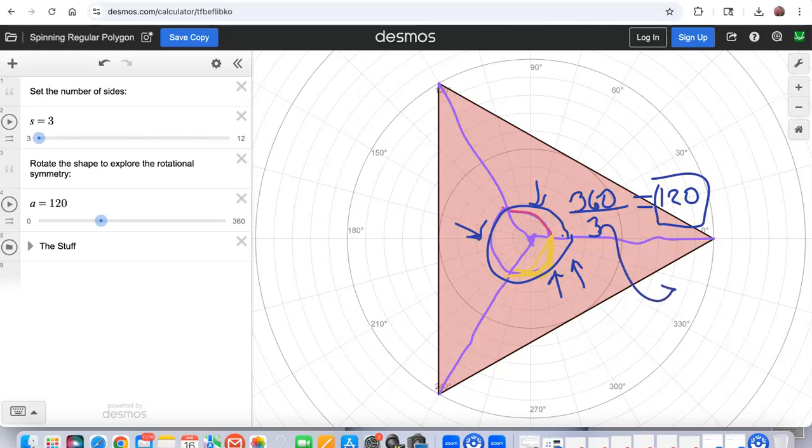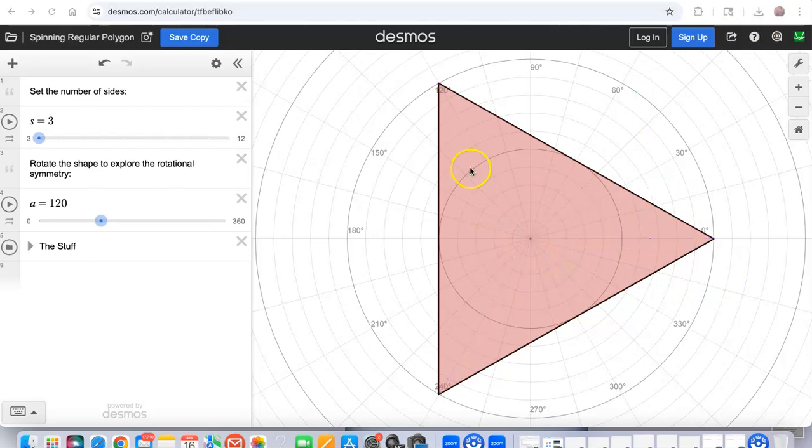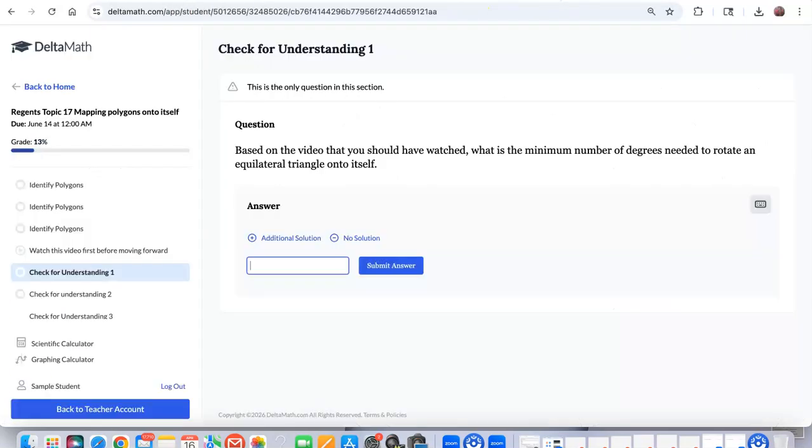The 3 represents the number of sides. And whenever you have a question like this, you're going to divide 360 by the number of sides. So for this particular question, that is the answer.